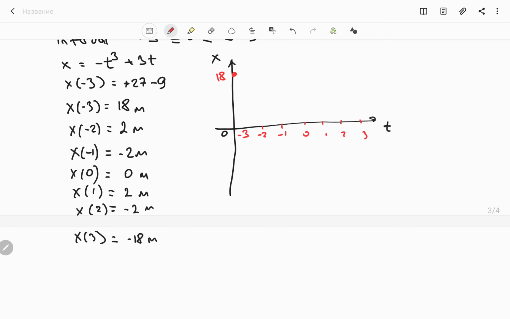At negative 2, it was 2. 2 is somewhere here, yes, close to 0. At minus 1, it's equal to negative 2. It's somewhere here. At 0 time, it's 0 here. At 1 second, it's positive 2. At 2 seconds, it's negative 2. And at 3 seconds, it's negative 18.